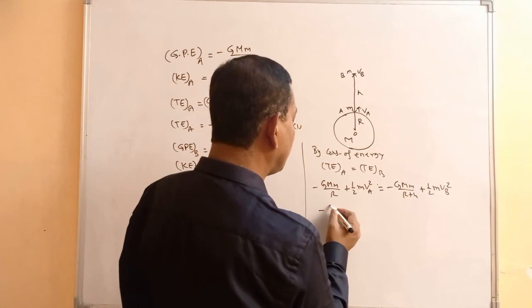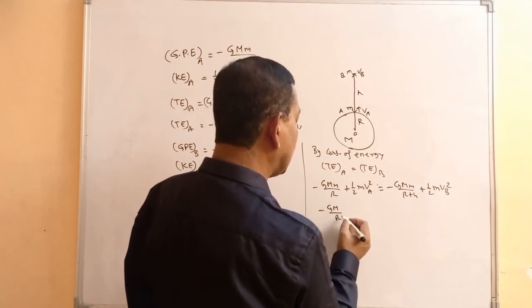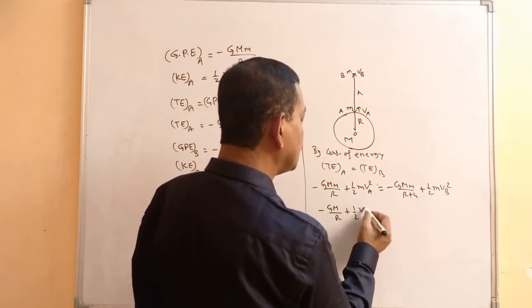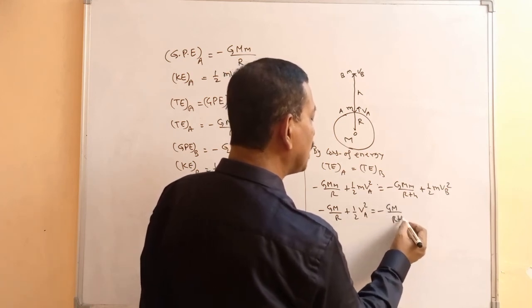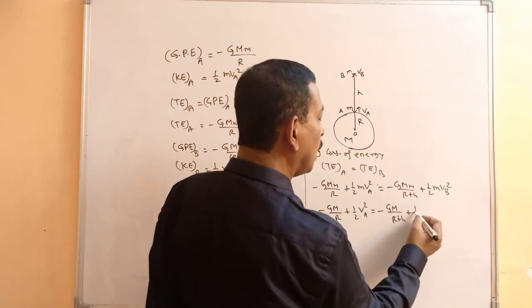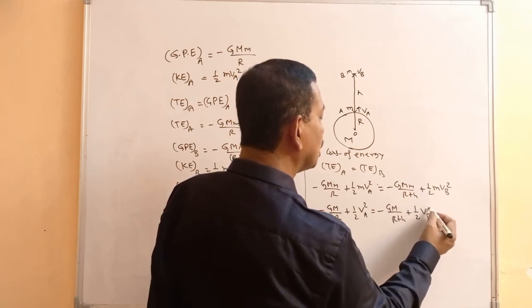Then it is minus GM by r plus half va square equals minus GM by r plus h plus half vb square.